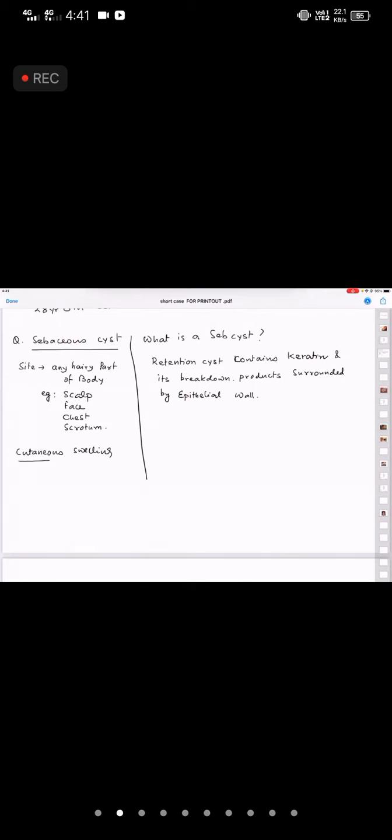How could you know it is a cutaneous swelling? Because skin cannot be pinched off.